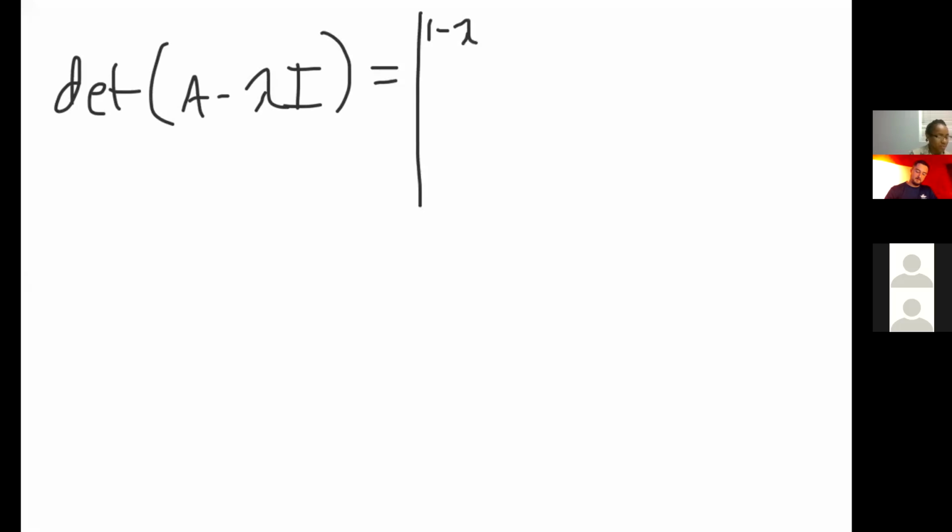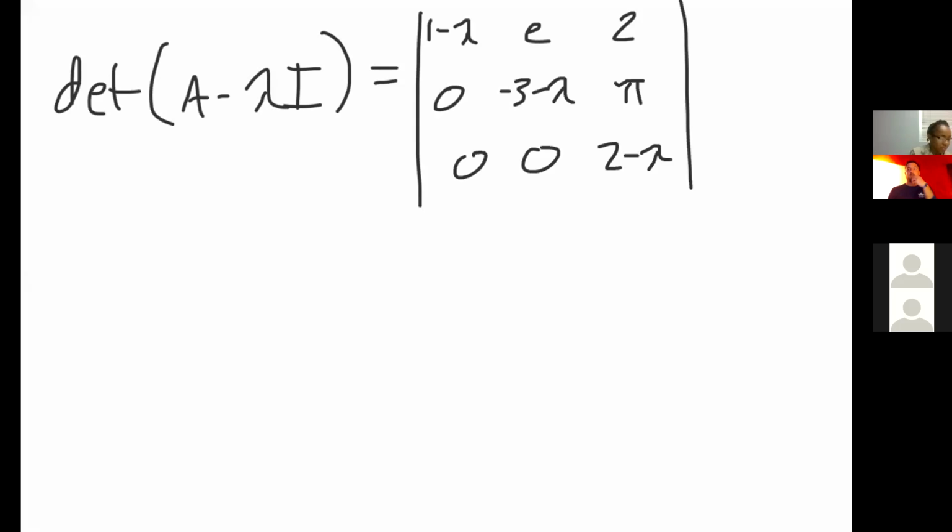So in this case, we're taking the determinant of 1 minus lambda, 2, 0, -3 minus lambda, pi, 0, 0, -2 minus lambda.